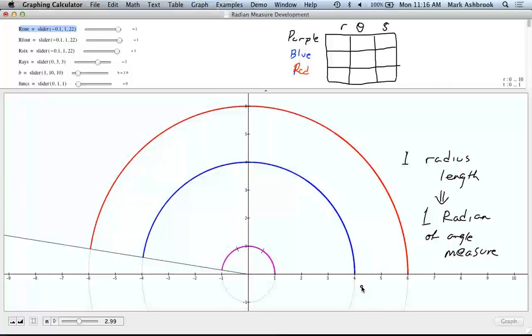At this point, I've got 3 radius lengths. So this is what I'm showing you right here for 3 radius lengths.